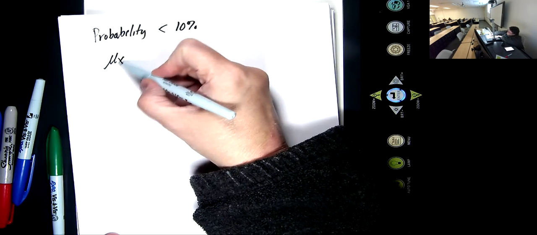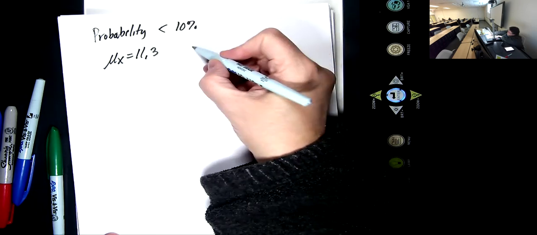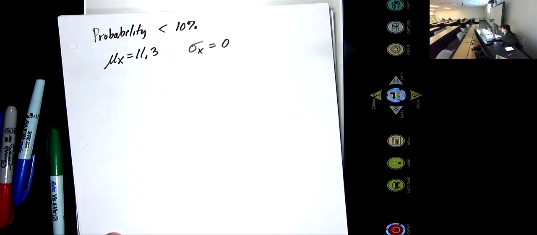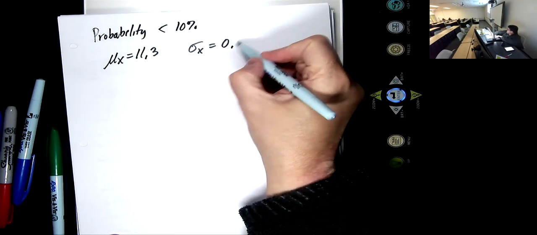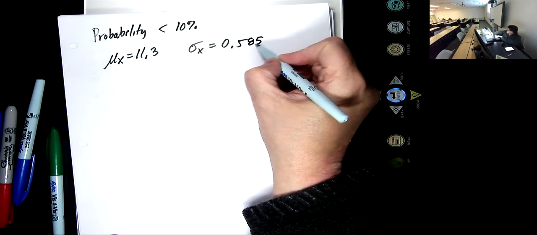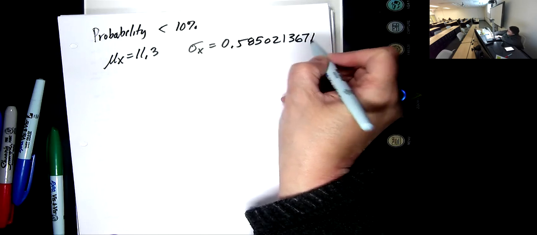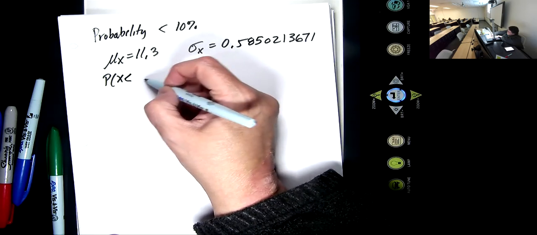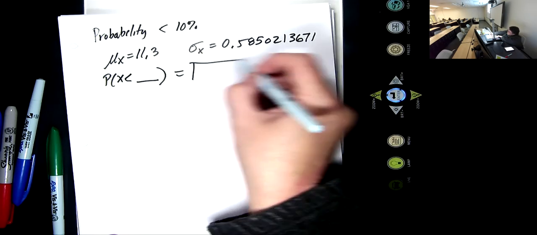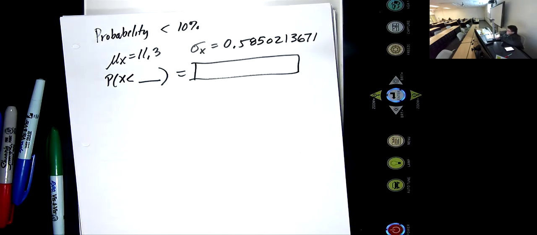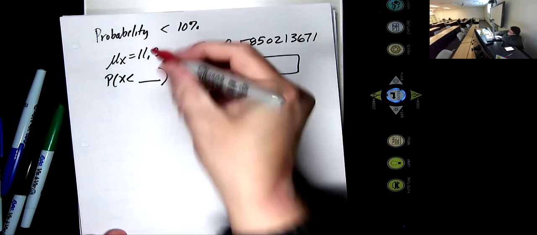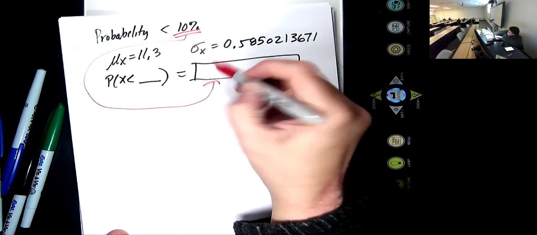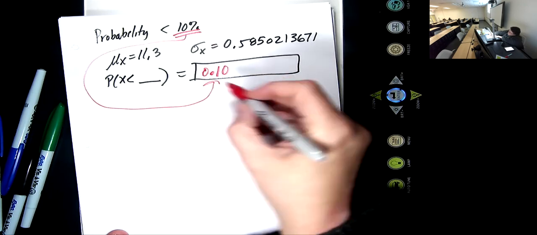We plugged in our mu of x equal 11.3, and I plugged in my sigma x. They had this. And I took the 10% and put it here as a decimal. Then I clicked compute.